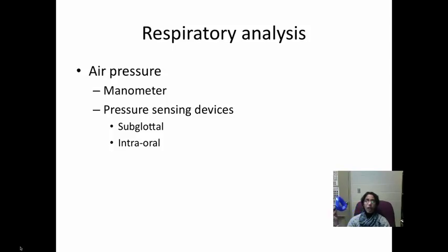Now, ideally, in order to understand the respiratory analysis and laryngeal function, I would like my pressure sensing device to be below my glottis, at the subglottal level, to exactly measure my subglottic pressure. But think about the logistics of actually having a pressure sensing tube placed below your glottis.